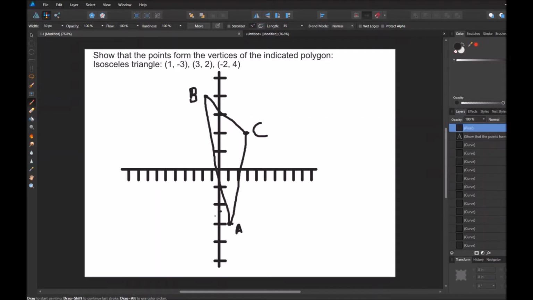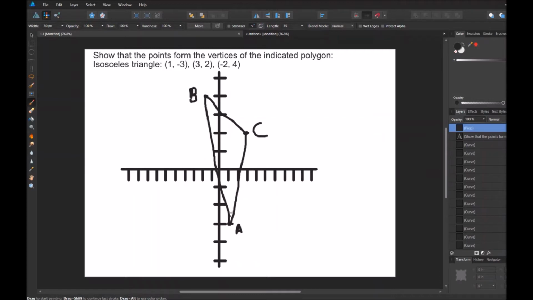So what we're going to do is find the distance between all of the points here, and then if we've done this right, two of the distances should be equal.